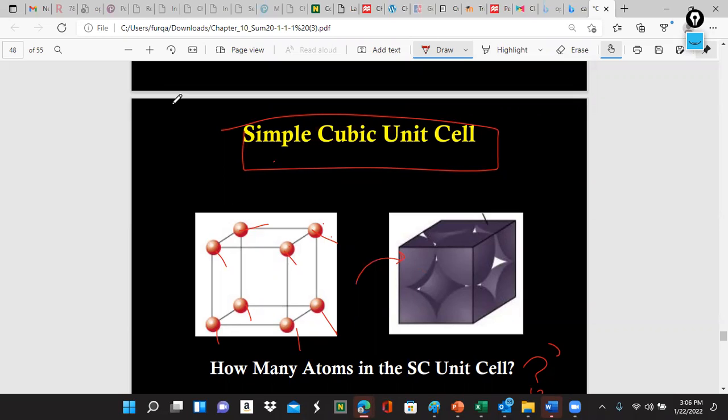So when you count all of them together, there's going to be one atom in the simple cubic unit cell. Altogether, there are pieces of all the atoms that you see here. Only a portion of each of them is inside the unit cell, so that will be counted inside the unit cell. And when you count all of them together, it's going to give you one atom, a sphere. That sphere is going to be one atom. Okay, great.